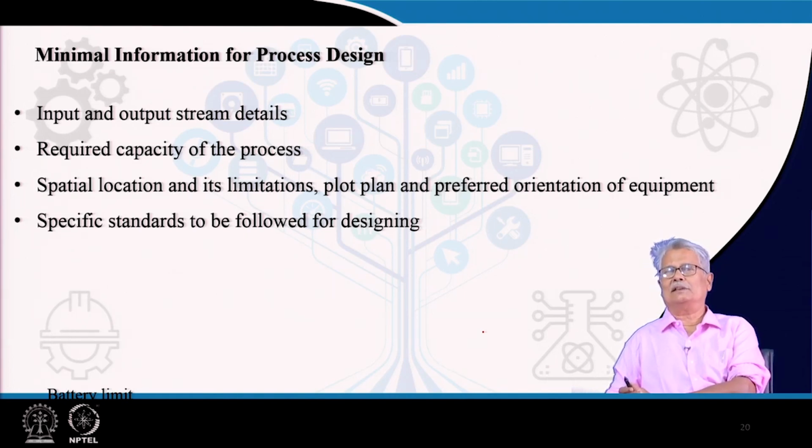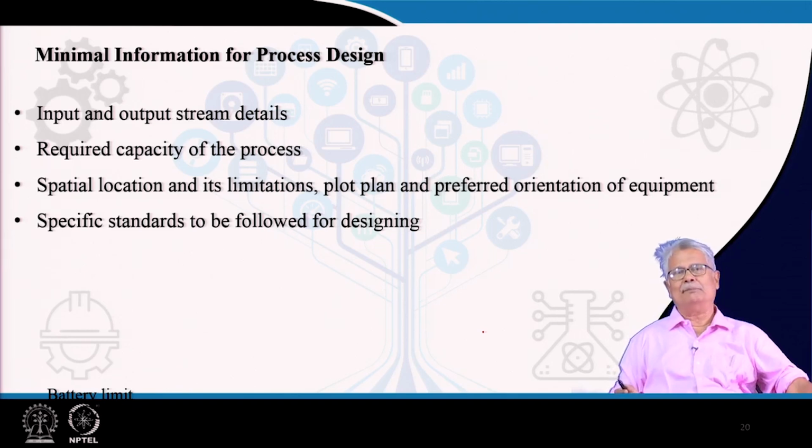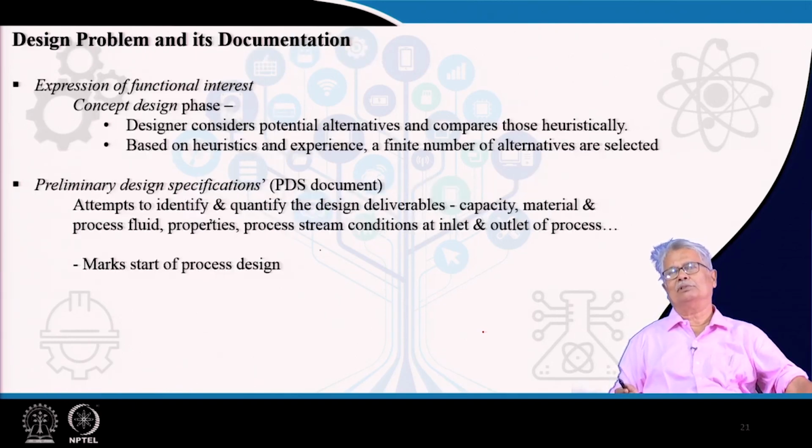The spatial location and its limitations, for example, the space available, the contour of the ground on which we are going to build this, and the wind direction in order to have a proper safe orientation of equipment. We definitely need to decide on the specific standards to be followed for designing. So, these are the basic minimum requirements before you start your design.